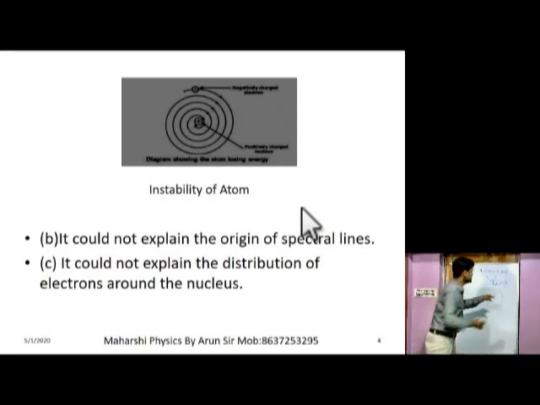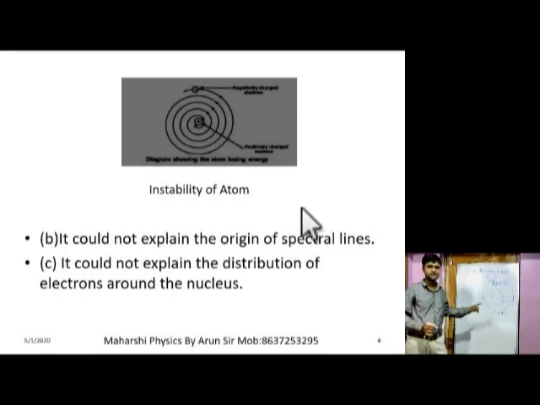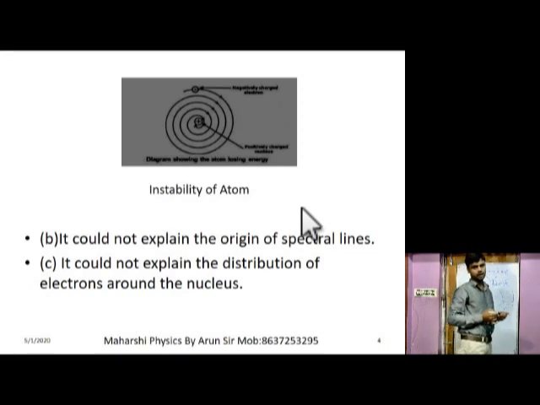And the excited state being unstable, it returns to the ground state by emitting the excess energy gained in the form of radiation. If this radiation is analyzed by a spectroscope, then sharp discontinuous lines are obtained on the screen, which is said to be line spectrum.